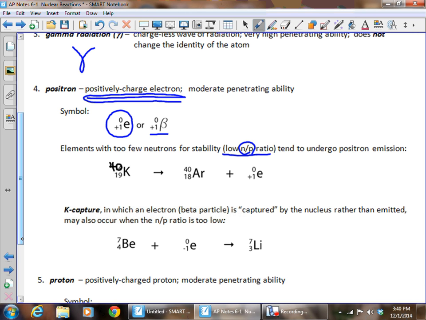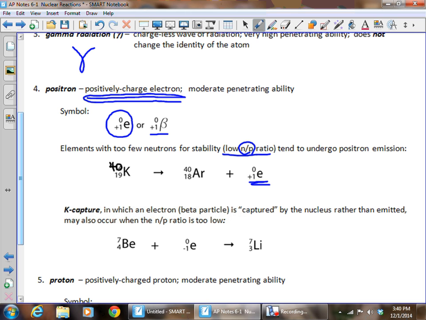But if you give off a positron, you actually end up with one less proton and an extra neutron in the mix. So you've increased that neutron-proton ratio if it's too low. So that works well for positron emission. Remember, emission means the particle's on the right-hand side.